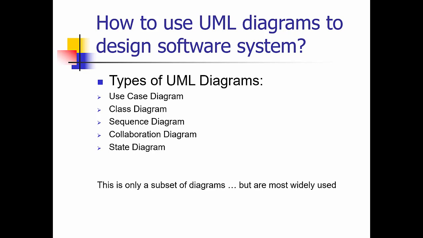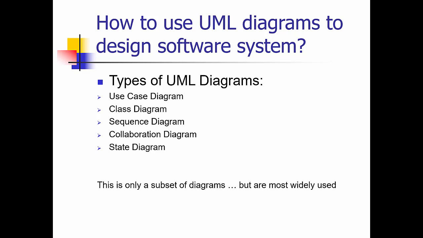The use case diagram, which is generally the first one you do, which is a dynamic view of the system. The class diagram, which is a static view. The sequence diagram, collaboration diagram, which are both dynamic, and the state diagram or state chart diagram, also dynamic.